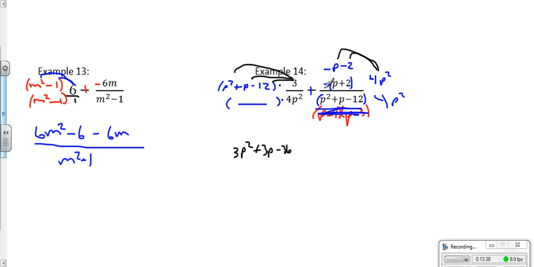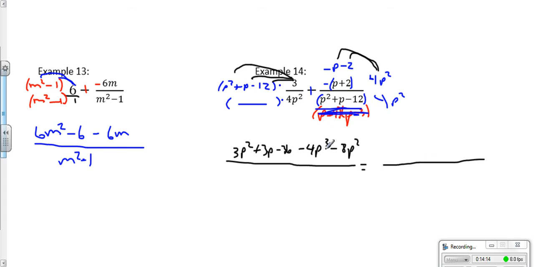The reason we do it first is hopefully we won't miss it and then make mistakes, but best to do it first. Okay, so now if I distribute that, I have a negative p times 4p squared, which is a negative 4p cubed, and then a negative 8p squared. And that's all over the common denominator. Now before I write that common denominator down again, I'm going to combine like terms.